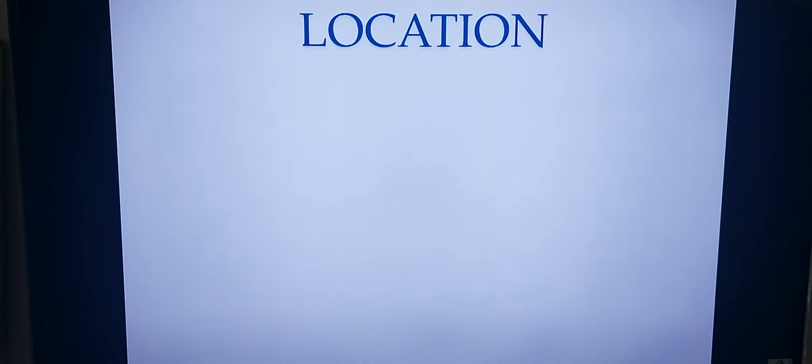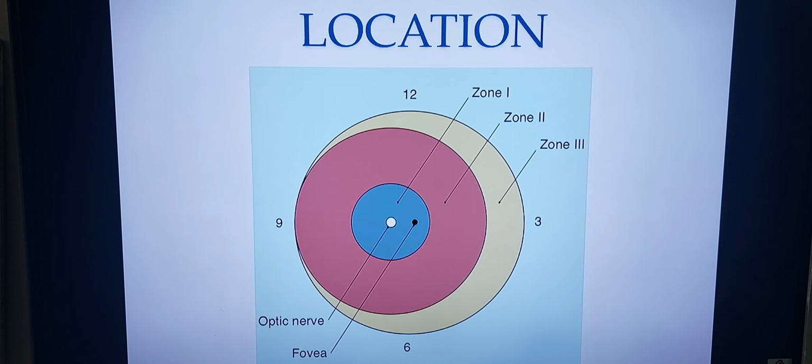First of all, the location, very important. It looked very difficult on that chart, but to simplify it in this diagram, zone 1, the most posterior part, is the blue circle. Basically, the radius extends twice the distance between the optic disc and the fovea.